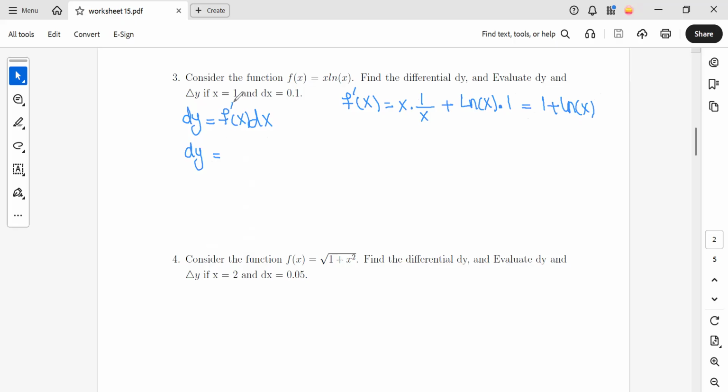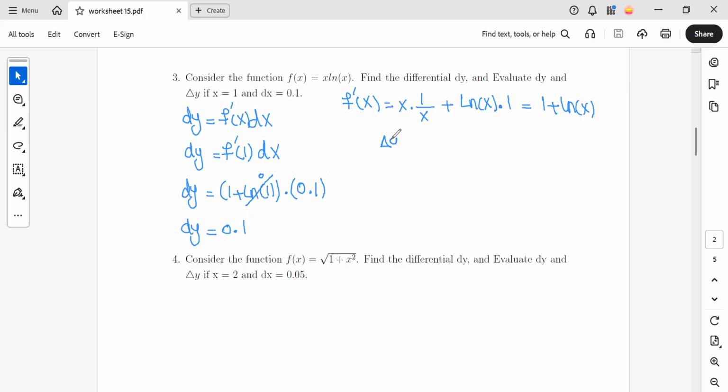So instead of f prime of x, we would write f prime of 1 times dx. What is f prime of 1? If you plug in 1, you would get 1 plus ln of 1 times dx, which is 0.1 according to the question. We know that ln of 1 is just 0, so altogether we would have 0.1 as the answer for dy.